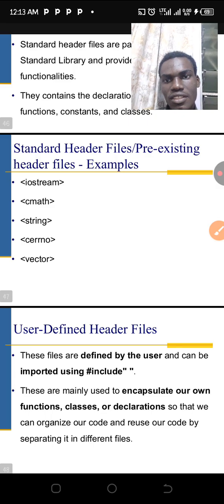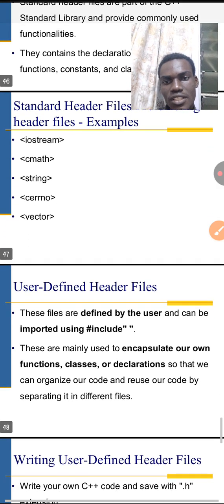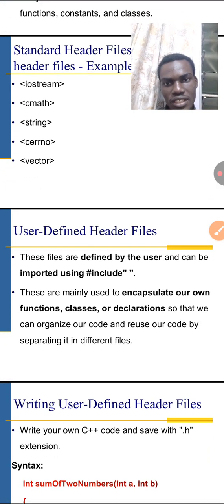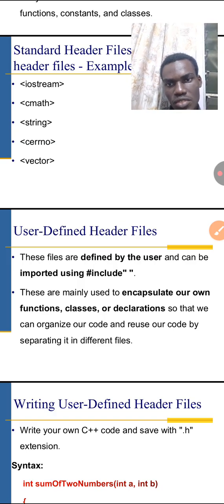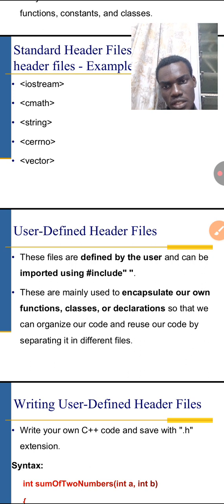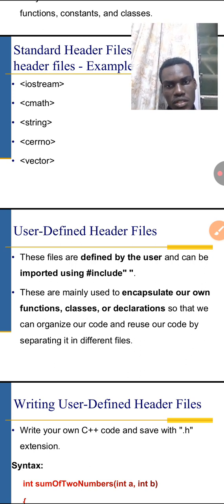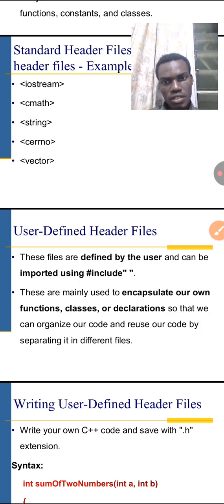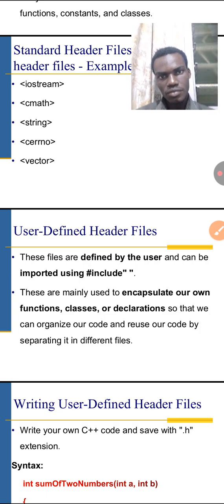Now let's take a look at the user-defined header file. These are defined by the user and can be imported using the hash include. These are mainly used to encapsulate our own functions, classes, or declarations so that we can organize our code and reuse our code by separating it into different files.